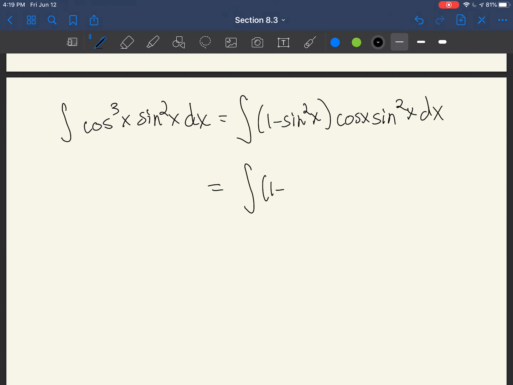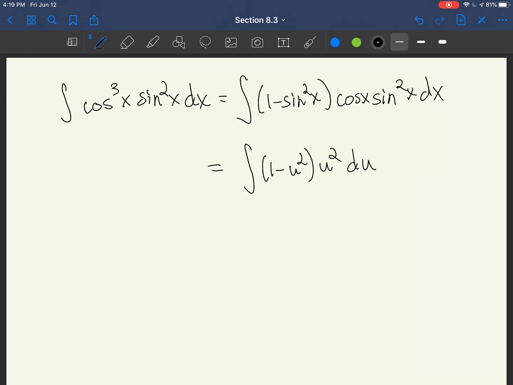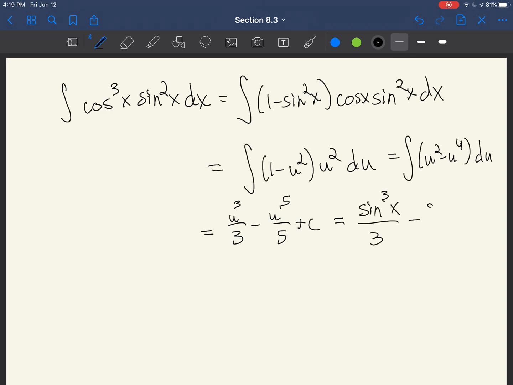And then doing the u substitution, we have the integral of 1 minus u squared times u squared du, which is the integral of u squared minus u to the 4th du, which is u cubed over 3 minus u to the 5th over 5 plus c. And then undoing the substitution, that is sine cubed x over 3 minus sine to the 5th x over 5 plus c.